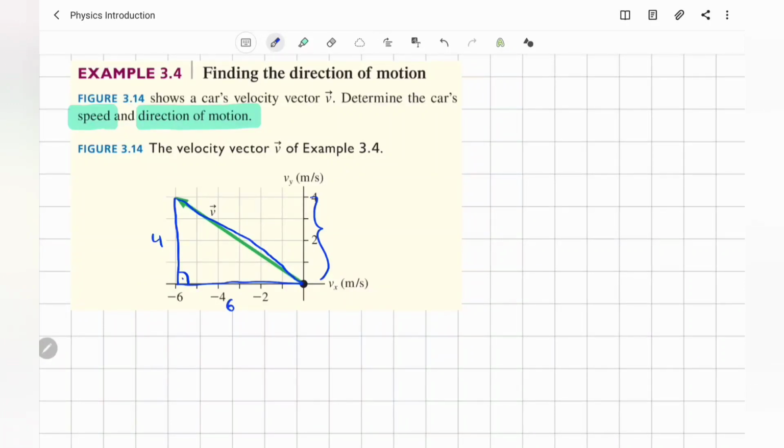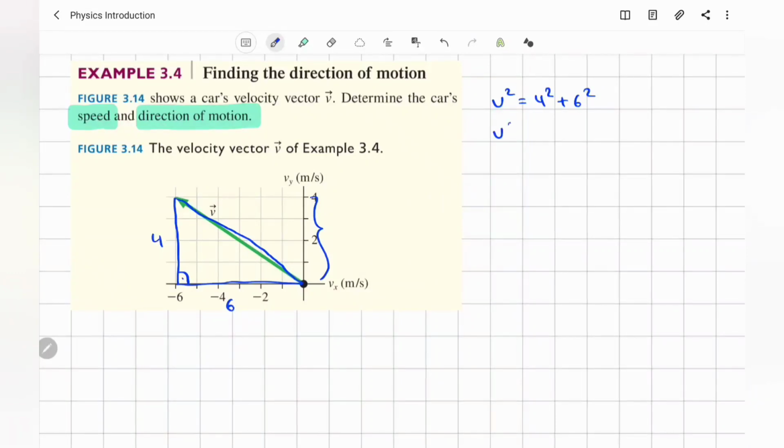As long as we have a right triangle, we can use the Pythagorean theorem. Hypotenuse is v squared, height is 4 squared plus base is 6 squared. From here we can find the magnitude of the velocity.